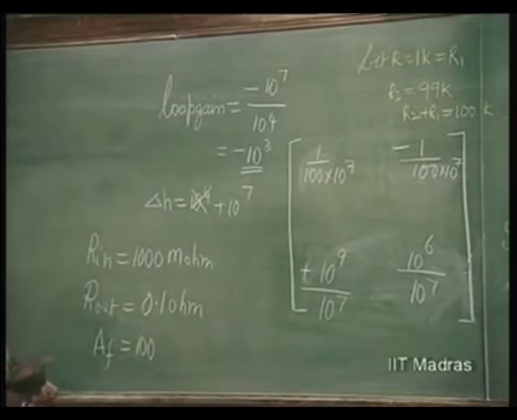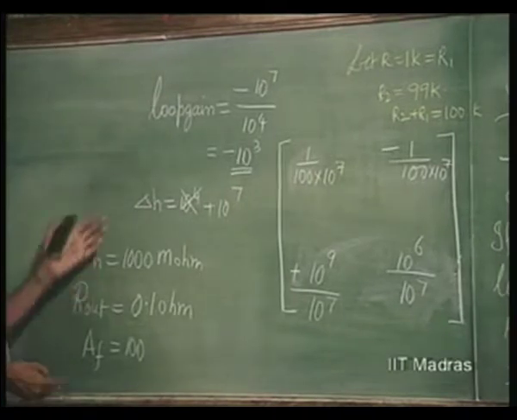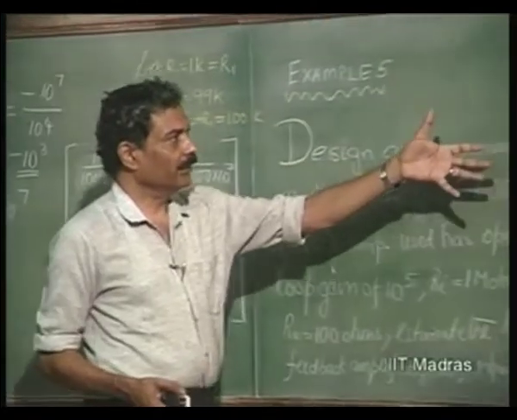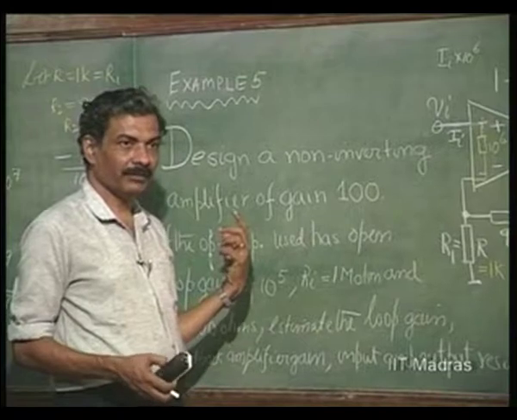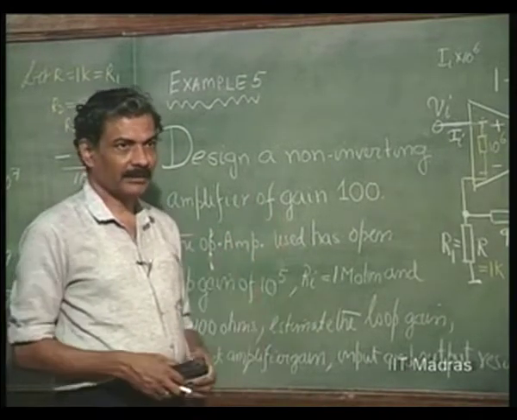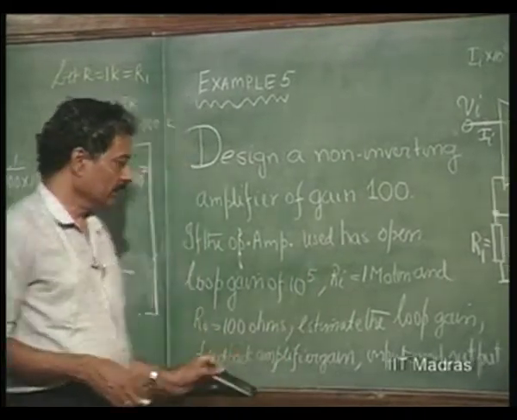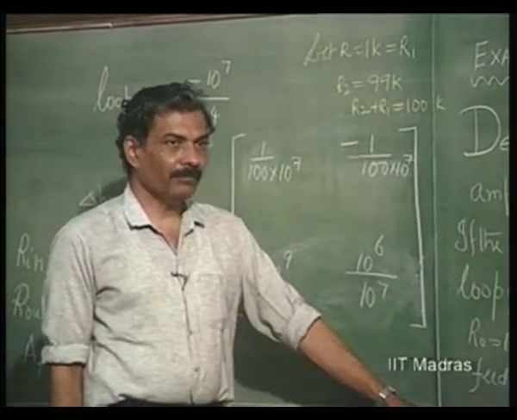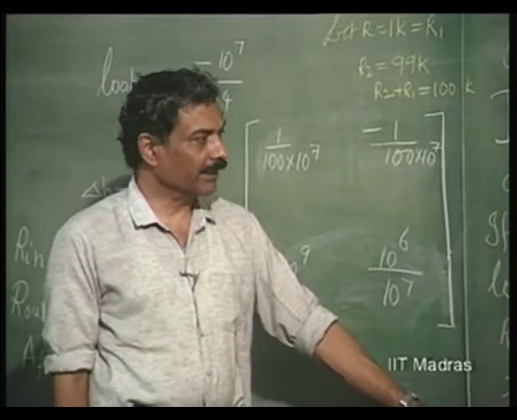So you can see how we can arrive at the performance of a feedback amplifier by actual evaluation of the feedback parameters, composite parameters, and converting the matrix from H to G. So we'll work out another problem for Y feedback so as to understand once again the approximations involved.